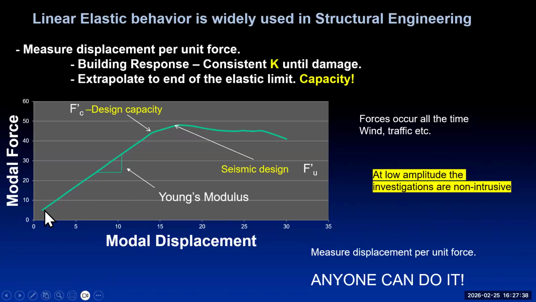It says that K, the stiffness of the structure, is a constant right the way through that linear elastic range. So in other words, you can measure at very low amplitude all the way up to the design capacity, and you will have the same value of K. So, measure at low amplitude and you can extrapolate to what the structure is going to tell you at higher amplitude.